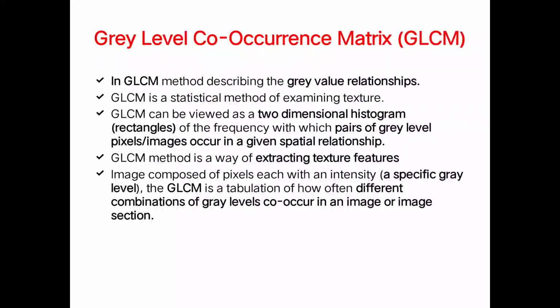GLCM is a statistical method used for examining the texture in the images. The GLCM can be viewed as a two-dimensional histogram of the frequency with which pairs of gray level pixels occur in a given spatial relationship. This GLCM method is a way of extracting texture features.